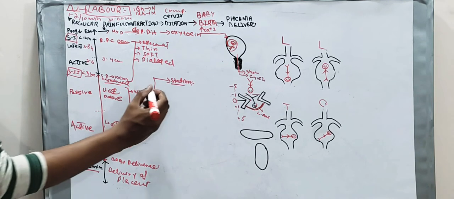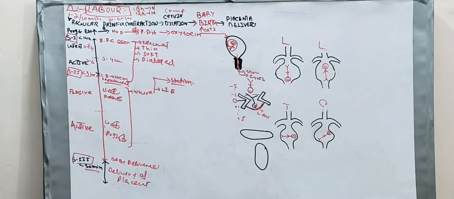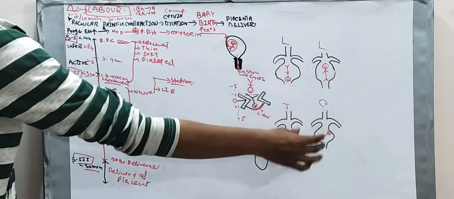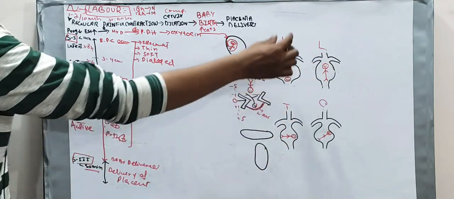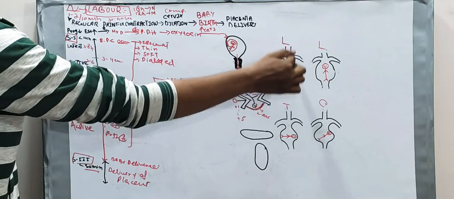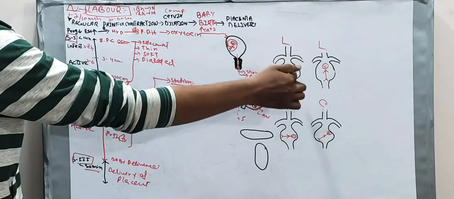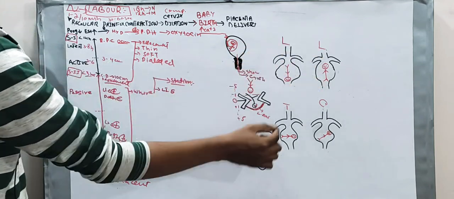After the station, the next thing that we have to consider is the lie of the baby, how the baby is lying. If this is the mother, these four are mothers along with their baby in their tummy. When the baby's longitudinal axis is along the longitudinal axis of the mother, it is known as a longitudinal lie.